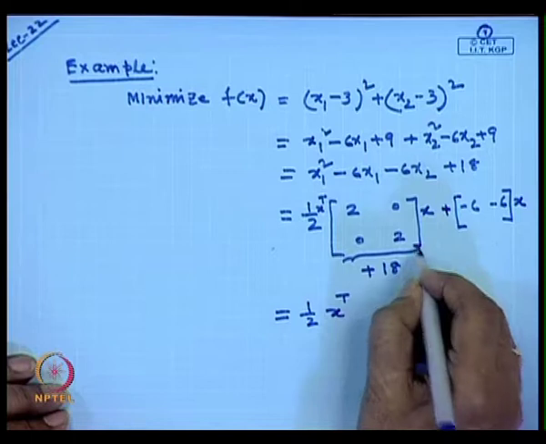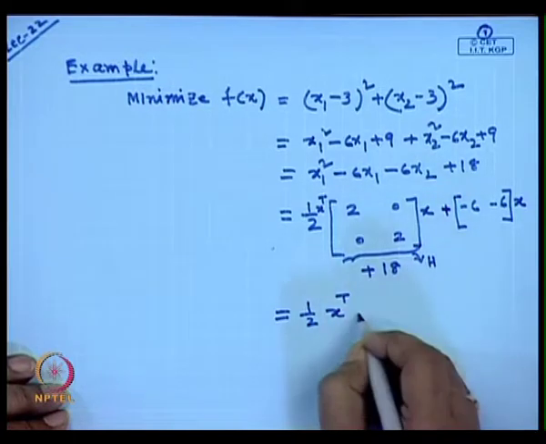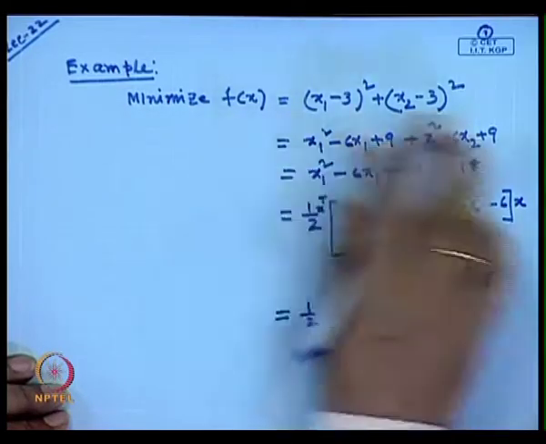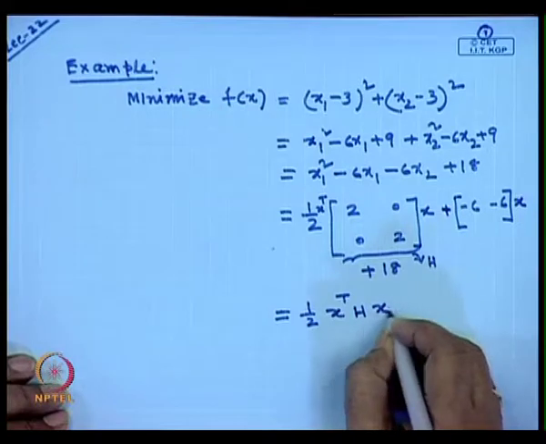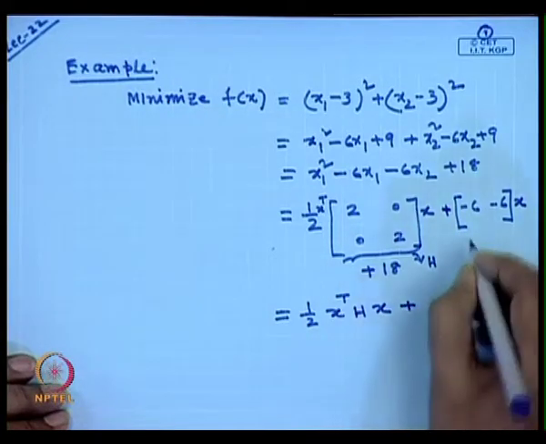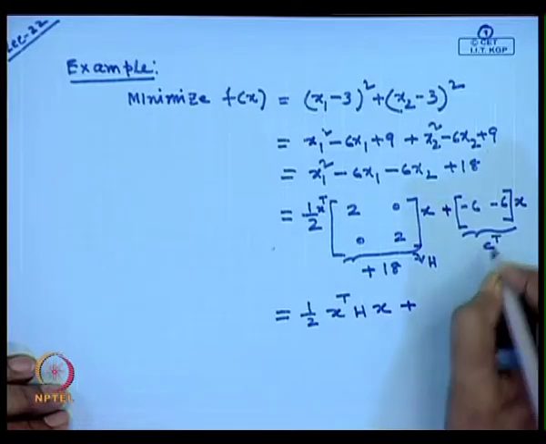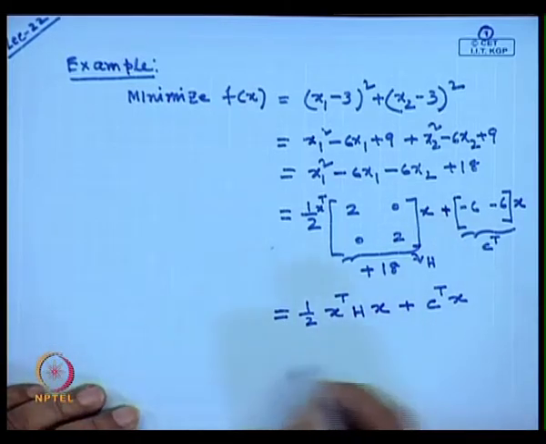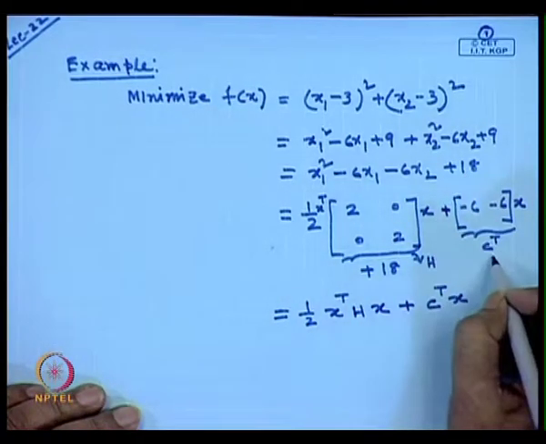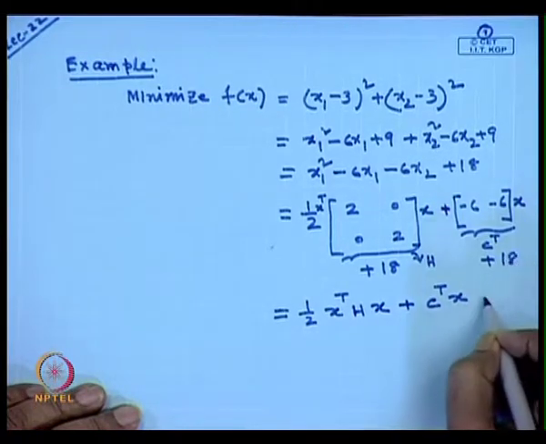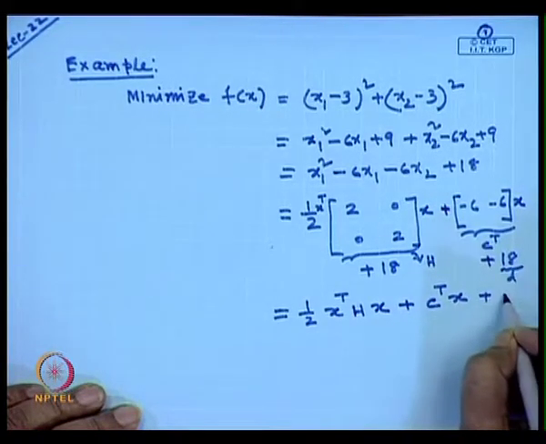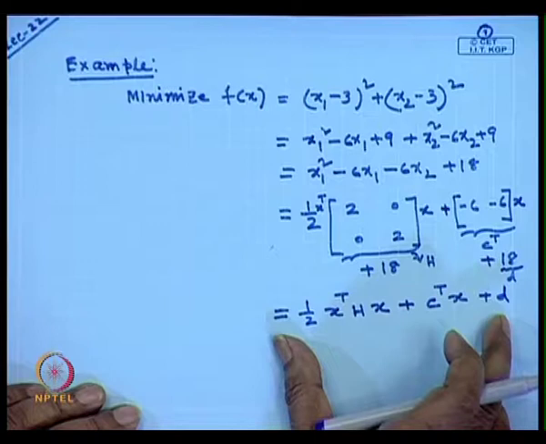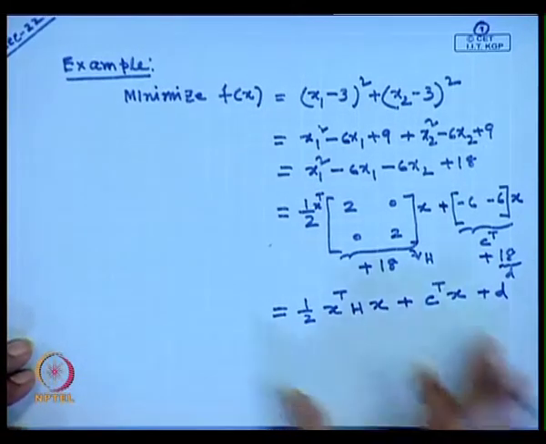If you consider this as the H matrix, which in general is a symmetric matrix, in quadratic form it is half x transpose H x plus C transpose x, and the remaining term 18 I denote by d.